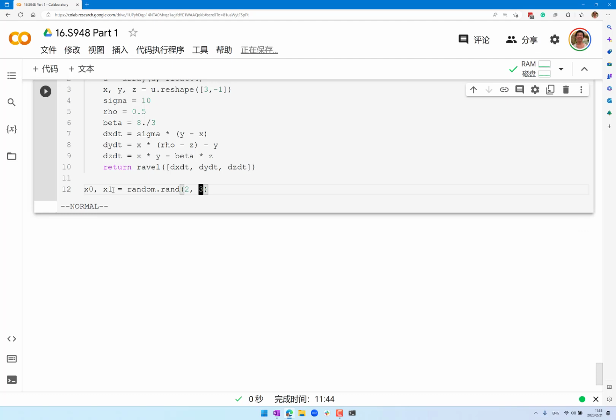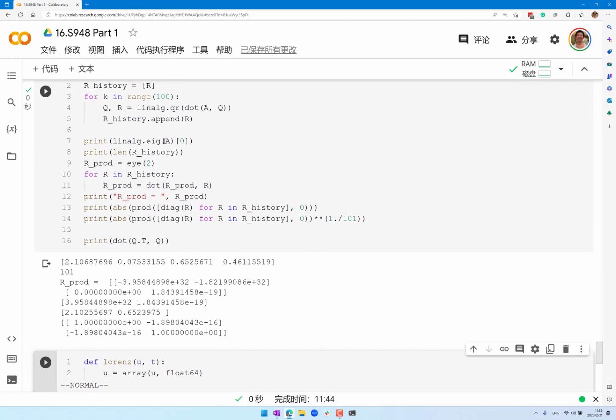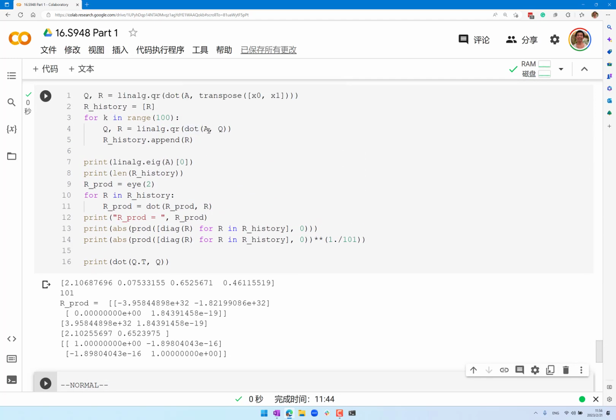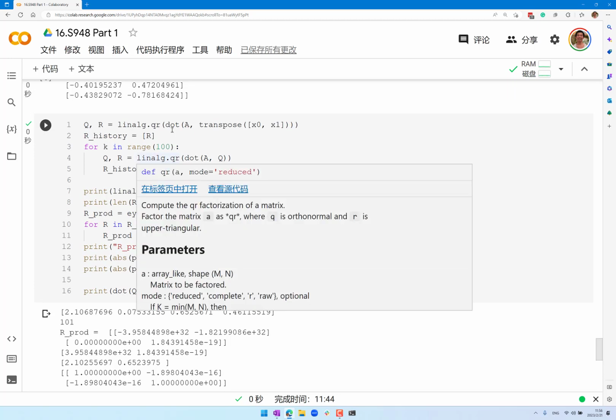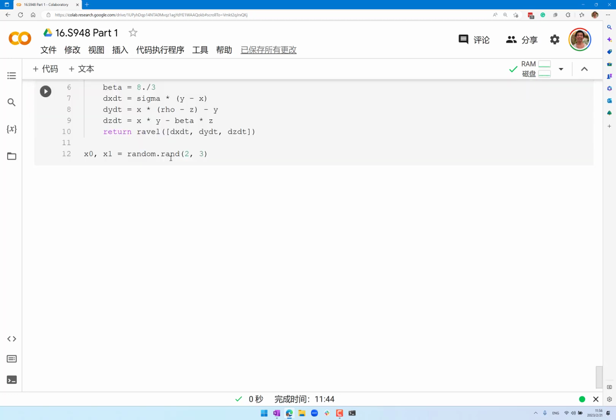The equivalent to multiplying this vector by the matrix A is to actually evolve the state for a certain amount of time. So let's copy this and change the code.